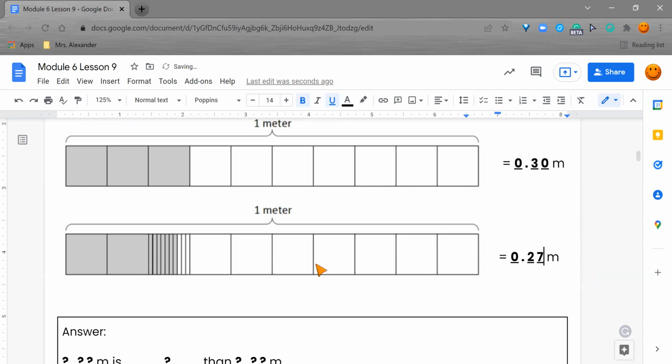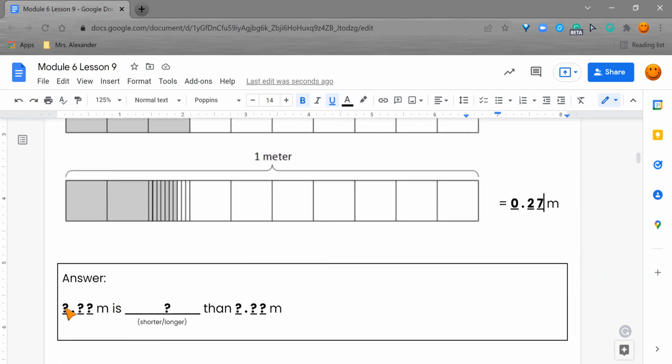Now we have to figure out which is longer or shorter. So I'm going to start off with this one, 0.3 meters. So I'm going to go ahead and write it here, 0.3. And because the other one had hundredths, I'm going to go 0.27.